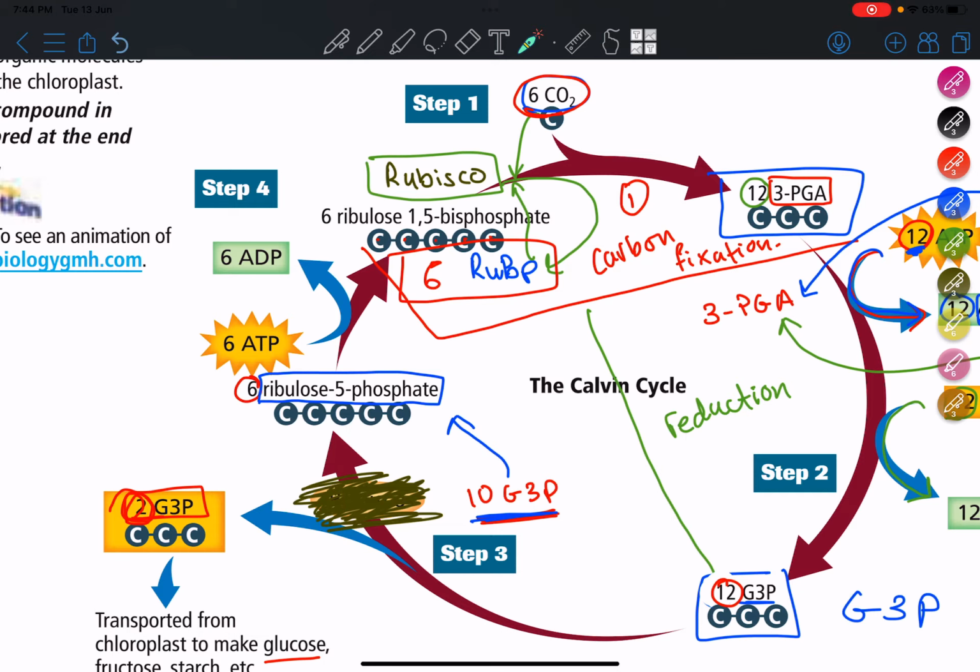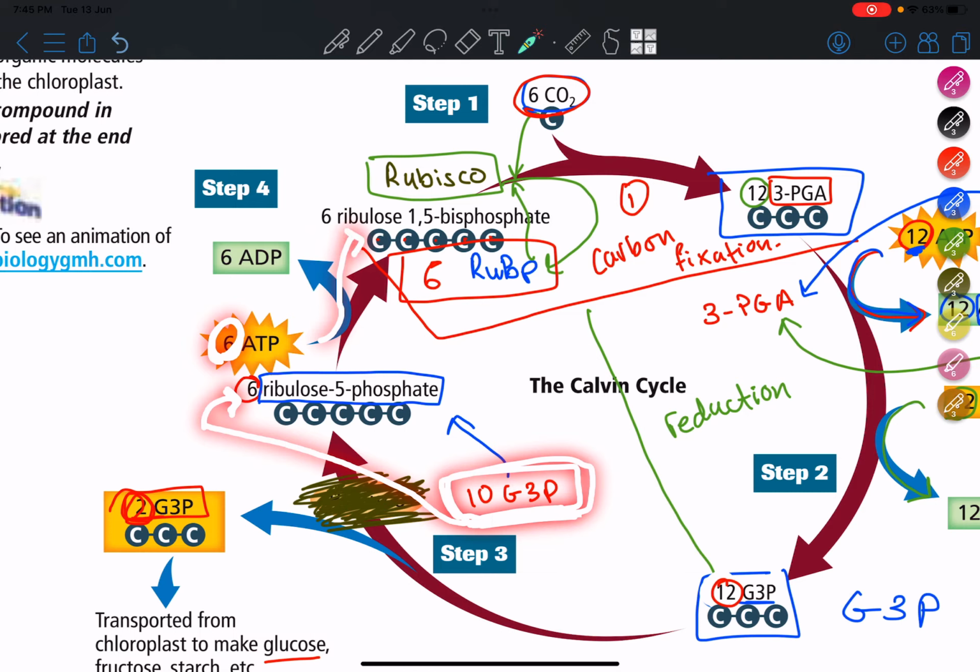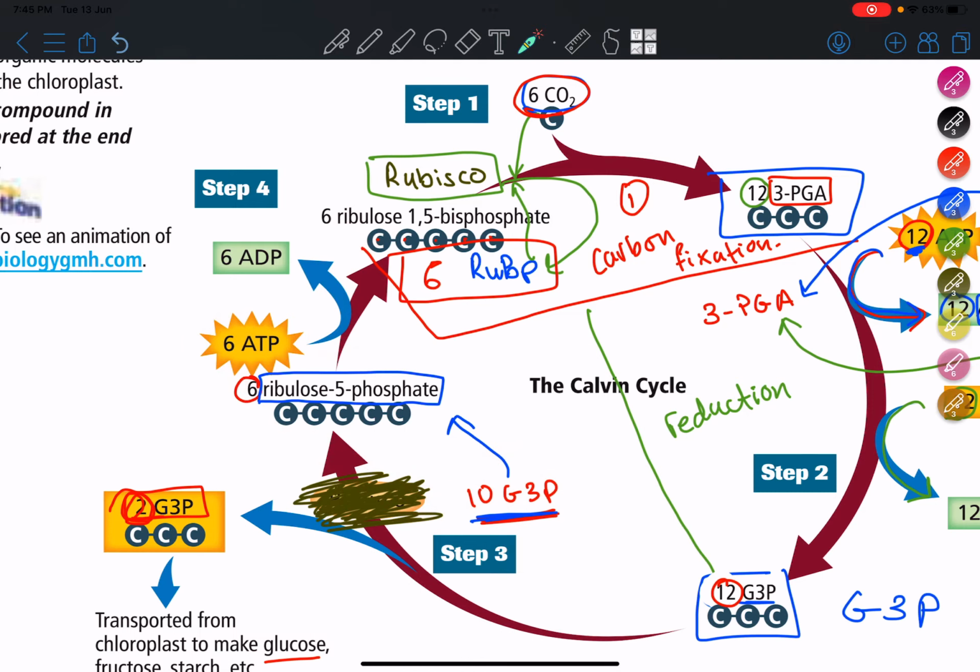So the Rubisco enzyme converts the 10 G3P. So the Rubisco will convert the 10 G3P into the ribulose 5-phosphate, and then with the power of 6 ATP, it will change into the 6 ribulose 1,5-biphosphate.